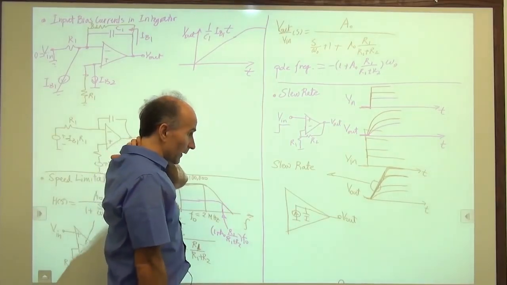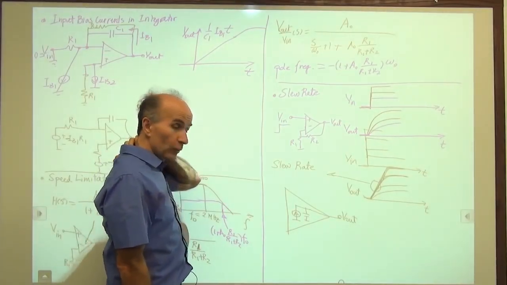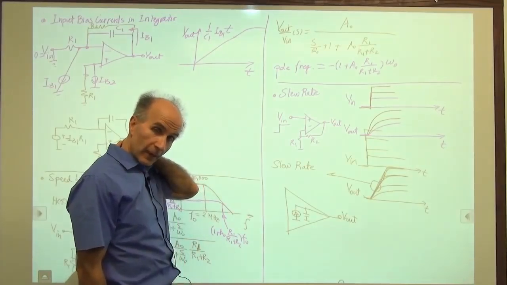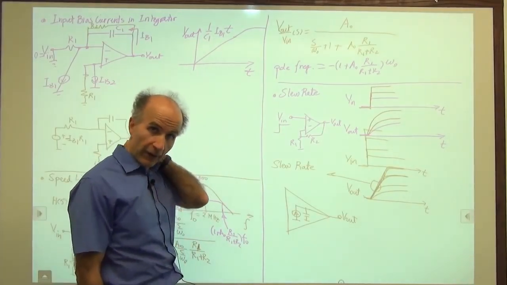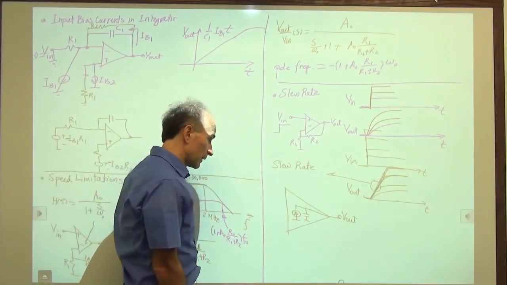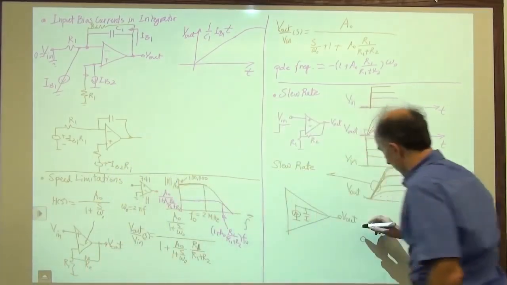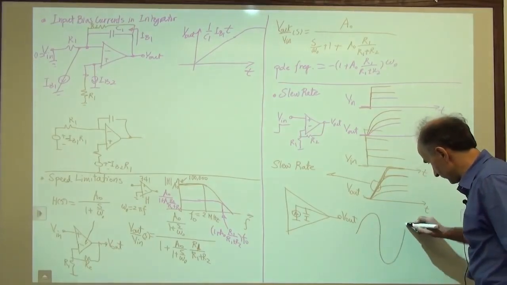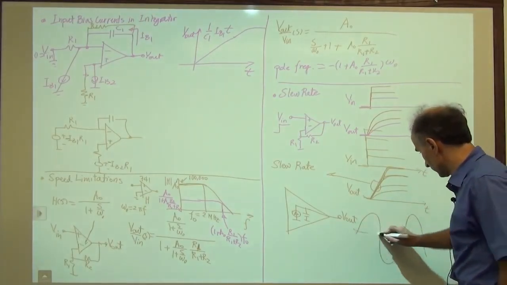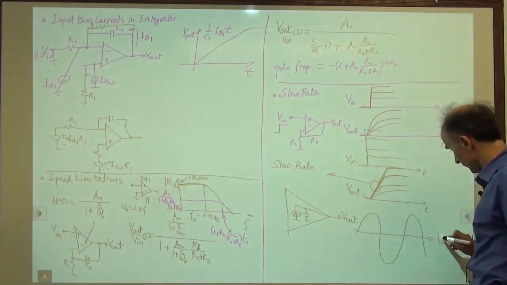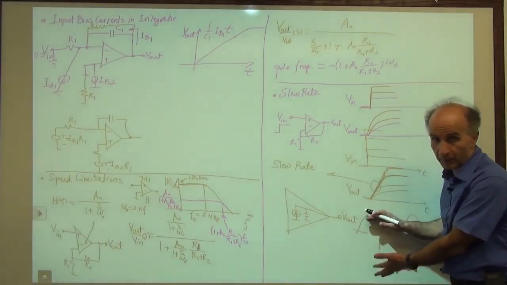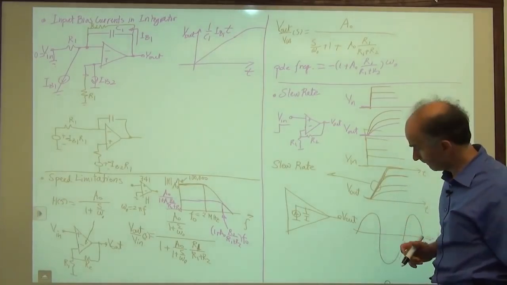For example, if the op-amp is to produce a sinusoid at its output, a large sinusoid, a high amplitude sinusoid, then something happens. So ideally, the op-amp must generate a nice sinusoid here. And let's say this is a large swing. You know, in the case of 741, this might be plus minus 5 volts or something like that, right?